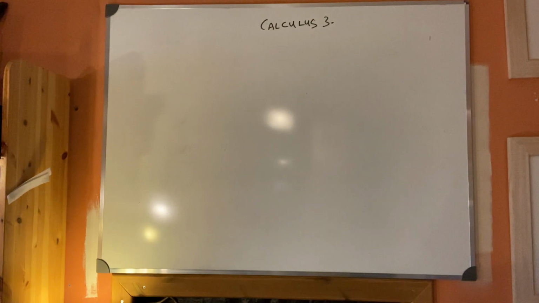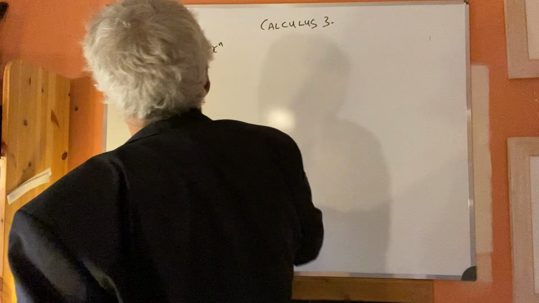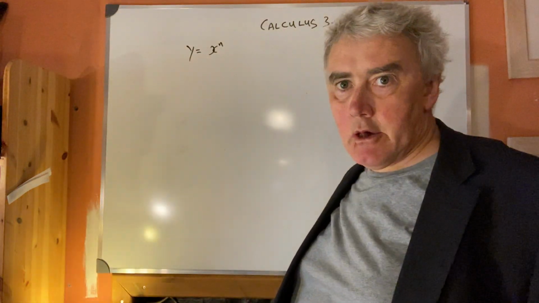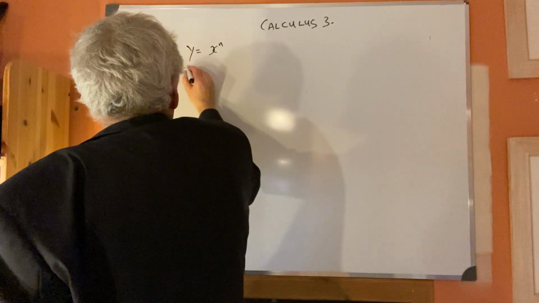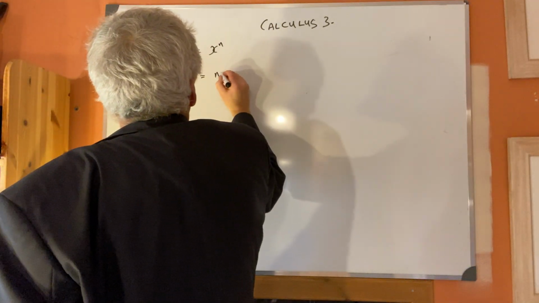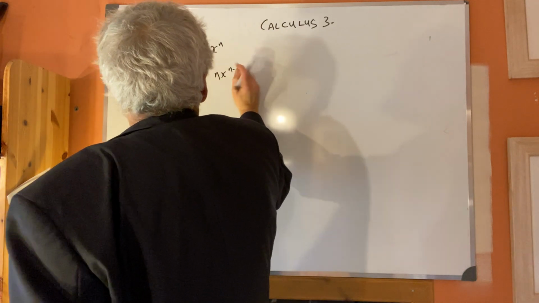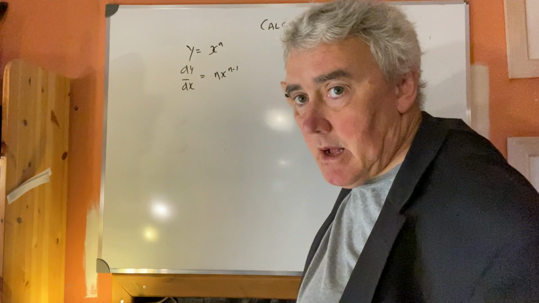So, first, I'm just going to look at some very standard problems of the form y equal to x to the n. So y equal to x cubed. If I differentiate this, remember, it becomes n times x to the n minus 1.